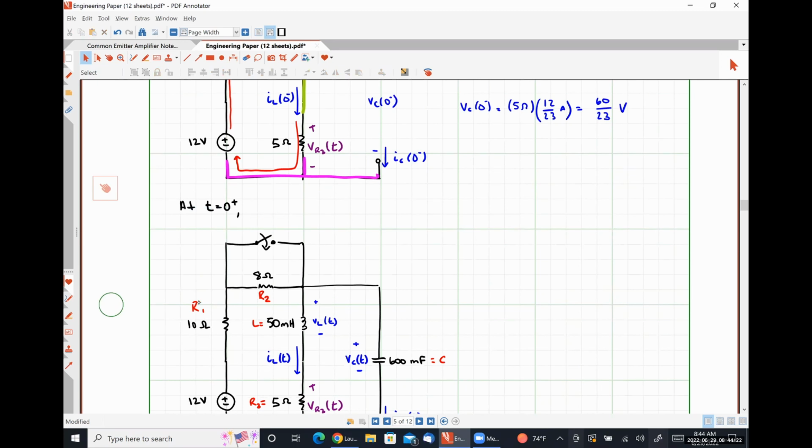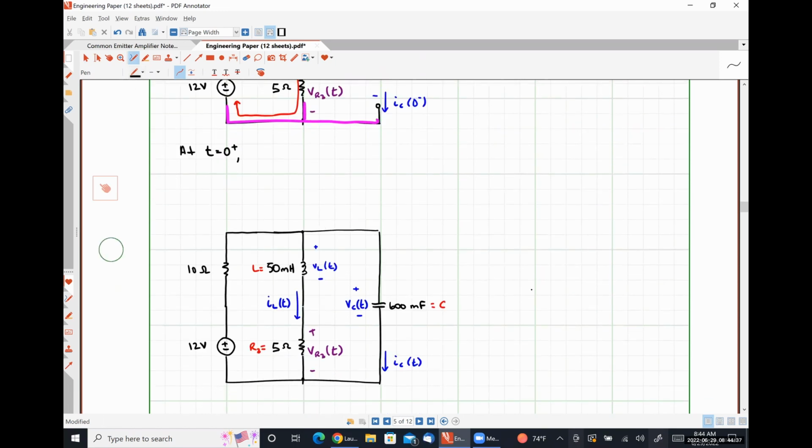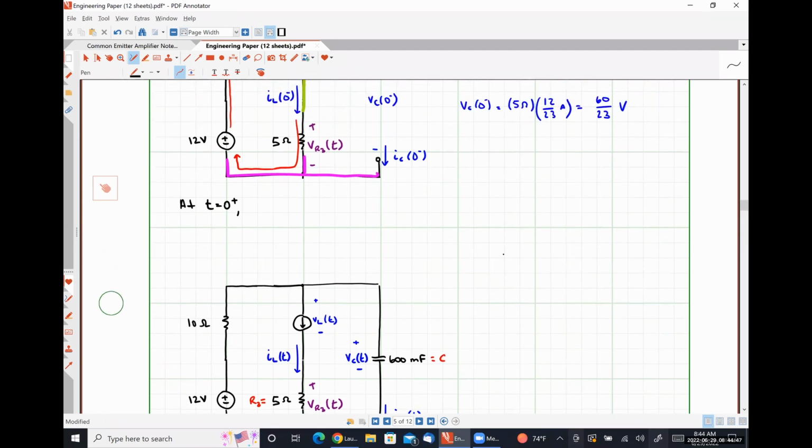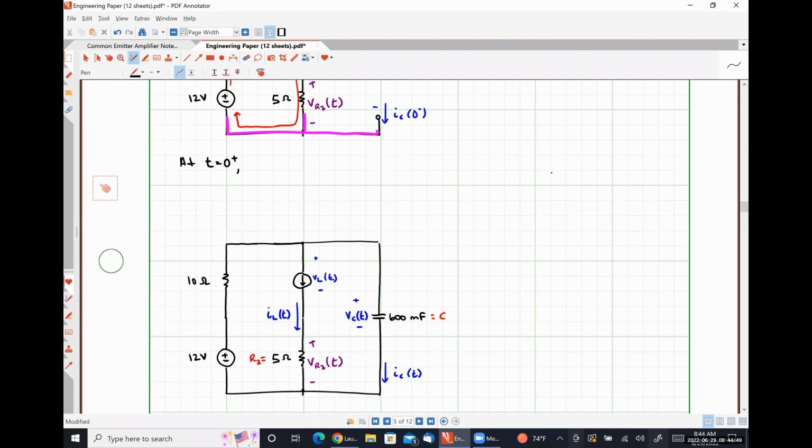At t is equal to 0 plus, our switch is now closed. And so I'm going to represent that by shorting out my 8 ohm resistor, effectively eliminating it from the circuit entirely. I'm going to replace my 50 millihenry inductor with a current source that is carrying whatever IL at 0 minus was, which was 12 over 23 amps.